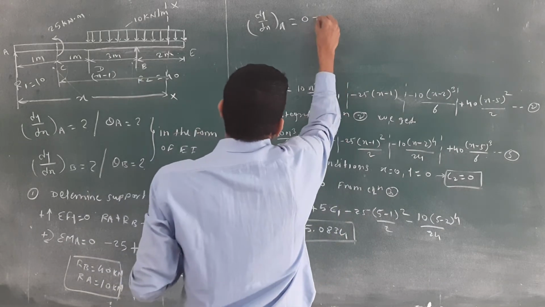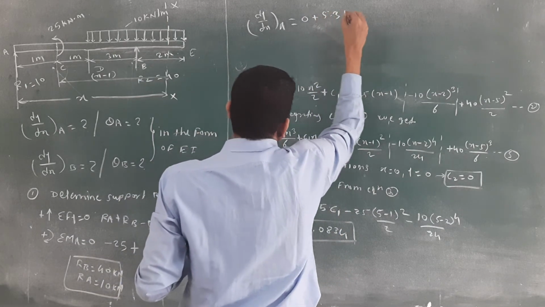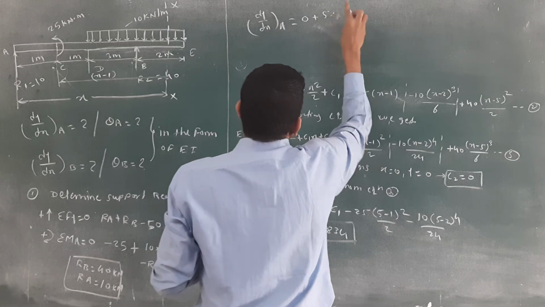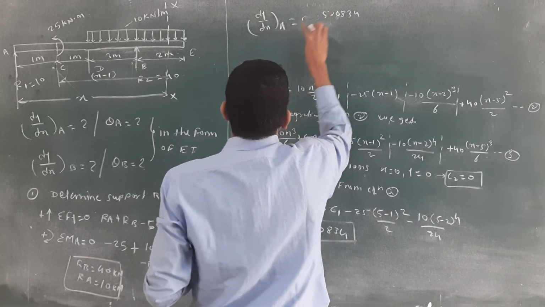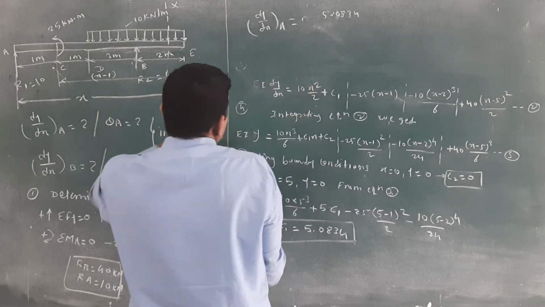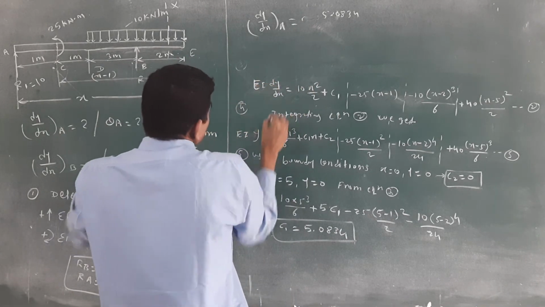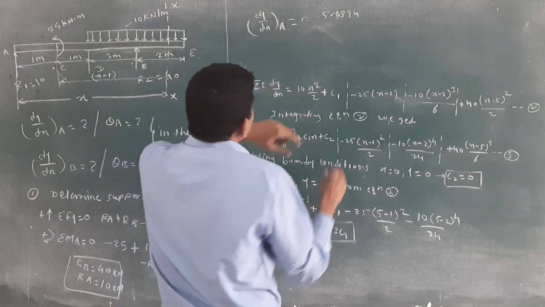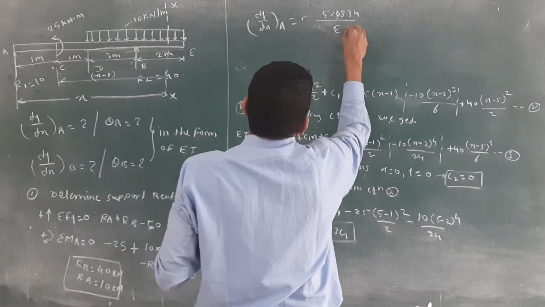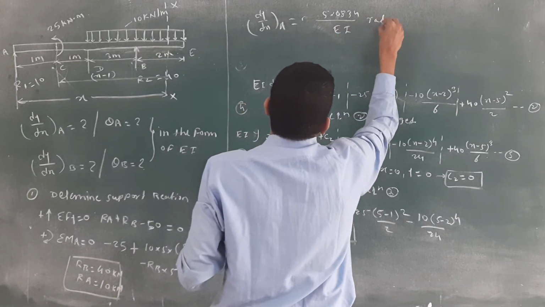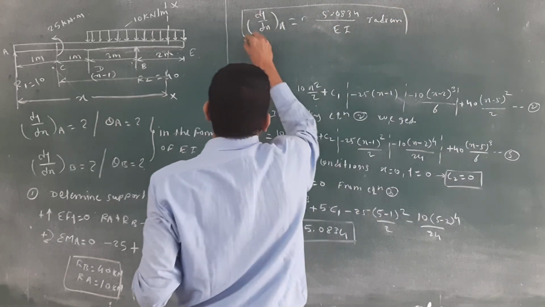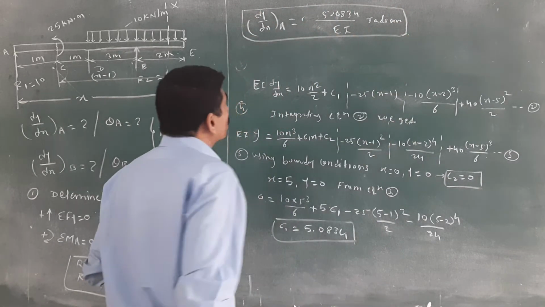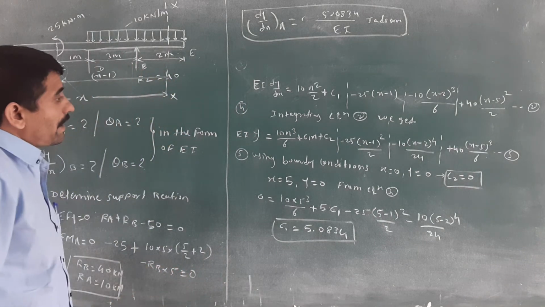What is the value of C1? 5.0834, sorry, and EI is there, no? EI into dy by dx. I will shift that to the other side, then divided by EI. This value we will get in radians. We don't know the value of EI. That's why we want to find it out in the form of EI.